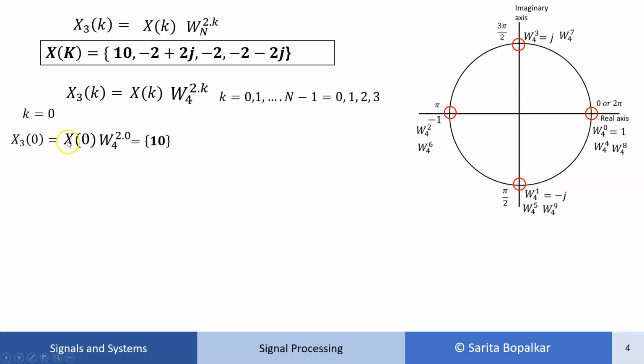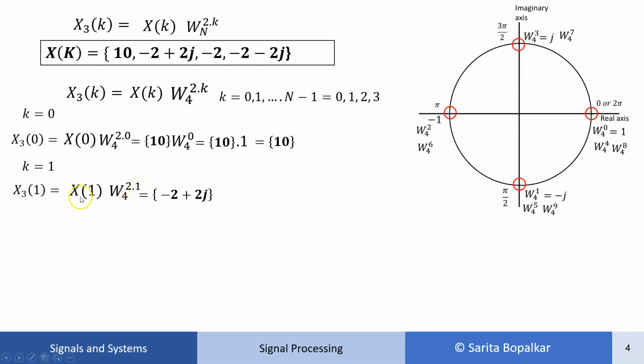X of 0 is 10, and it gets multiplied by W_4^0. W_4^0 is 1, so 10 multiplied by 1 is 10. That is X3 of 0. Then k is equal to 1: X3 of 1 is equal to X of 1 times W_4^{2k} with k equal to 1, and 2 into 1 is 2.